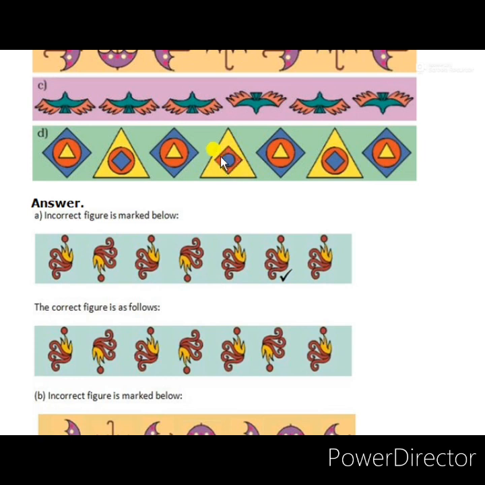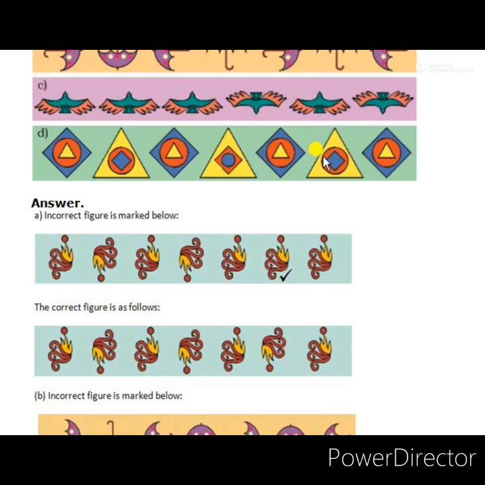In the first triangle there is an orange circular shape, but in the second triangle it has a diamond shaped orange color, and inside that there is a purple circle. So the fourth figure is not following the pattern or the rule. It is breaking the rule.